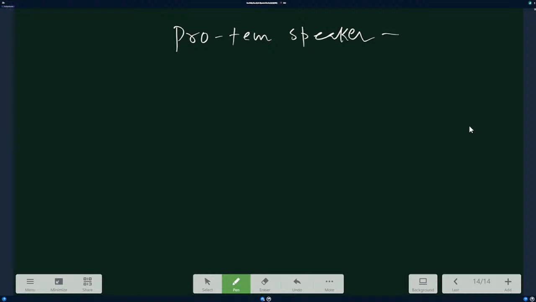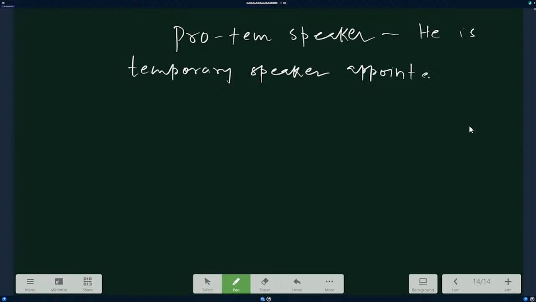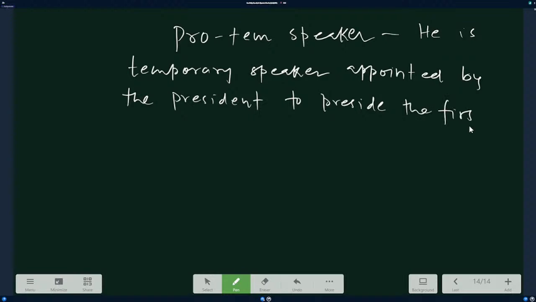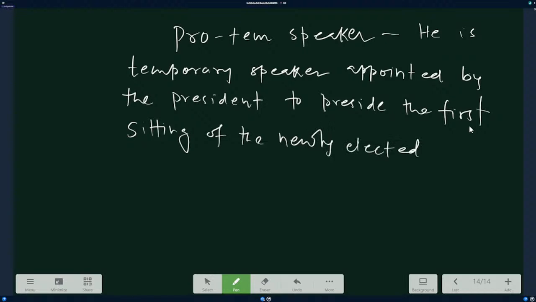Here, he is a temporary Speaker appointed by the President to preside over the first sitting of the newly elected Lok Sabha.